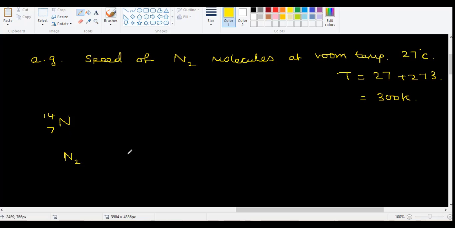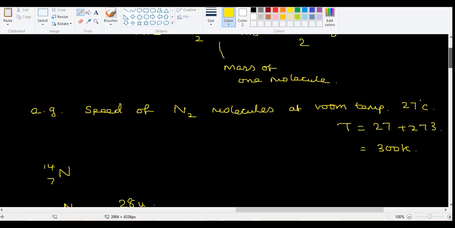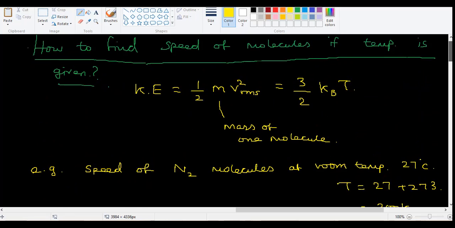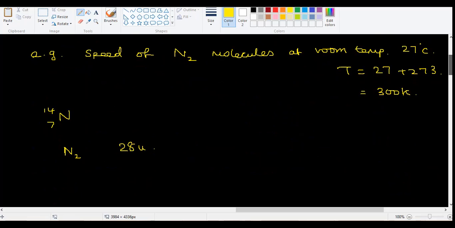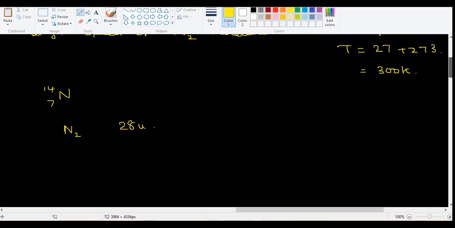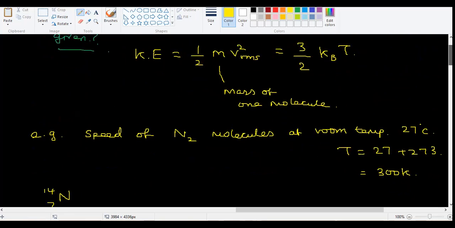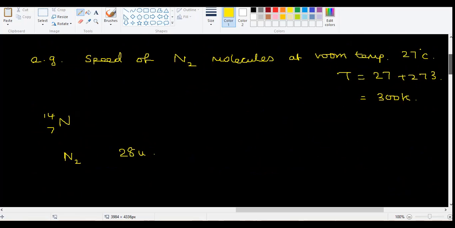So 14 plus 14, 28 U. So 28 U is the molecular mass, right? So this is mass of one molecule, so 28 U. So U is nothing but 1.67 into 10 power minus 27, right?